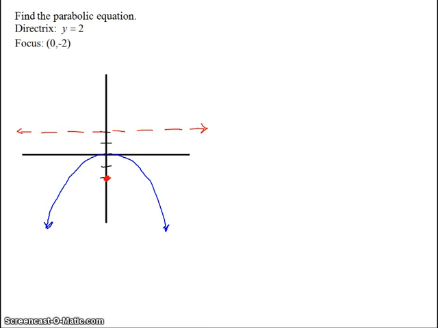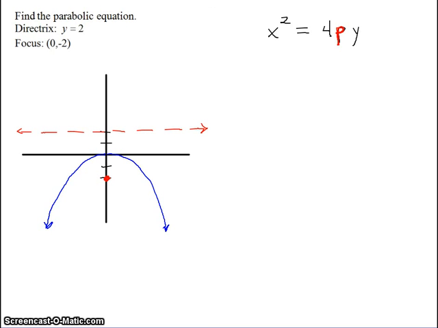So because I have a parabola that's face down, I know I'm dealing with the equation x squared equals 4py. The only thing that I need to find to come up with the equation of this parabola is the p-value. The p-value is going to be negative because we're faced towards the negative y direction.